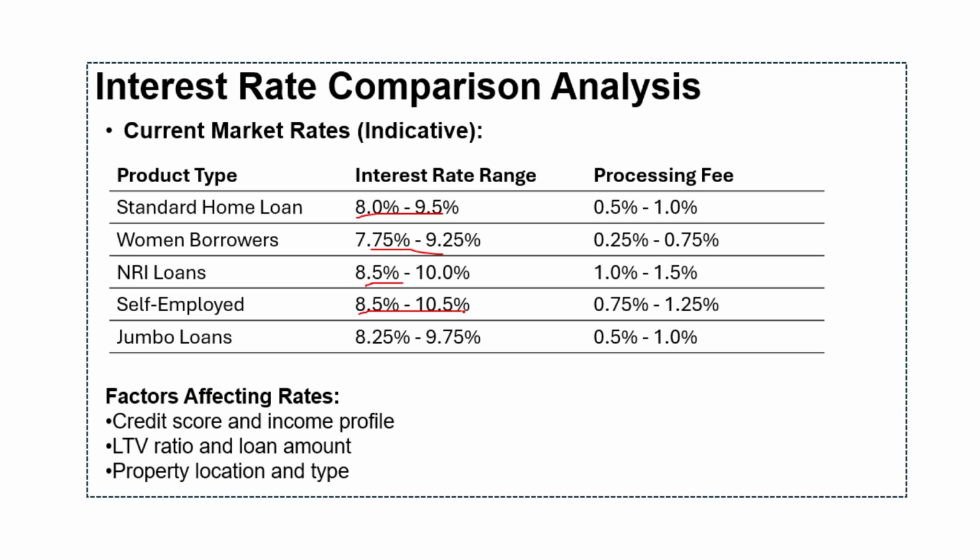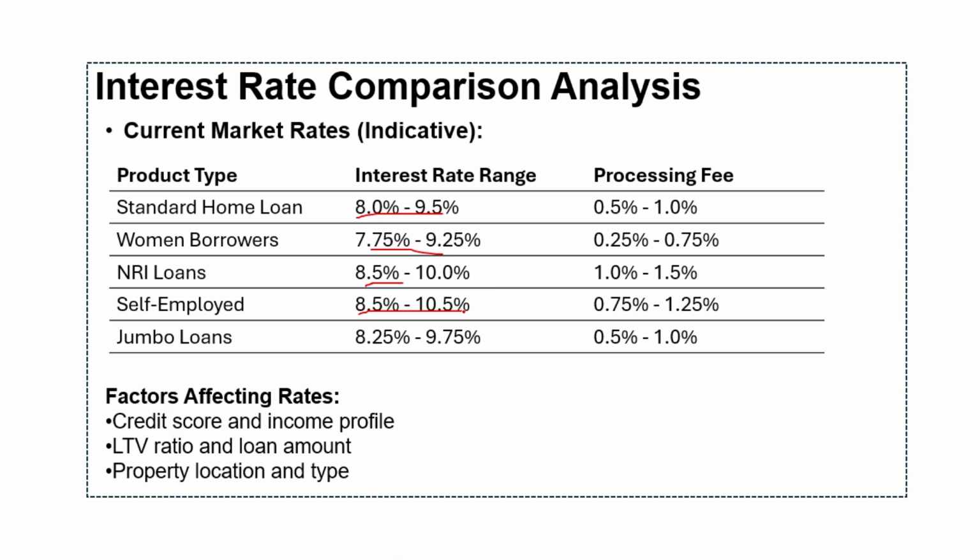We have understood how difficult it is for banks and financial bodies to ascertain the self-employed financial strength. So, interest rate ranges are higher for them because it is difficult to assess their financial situation.